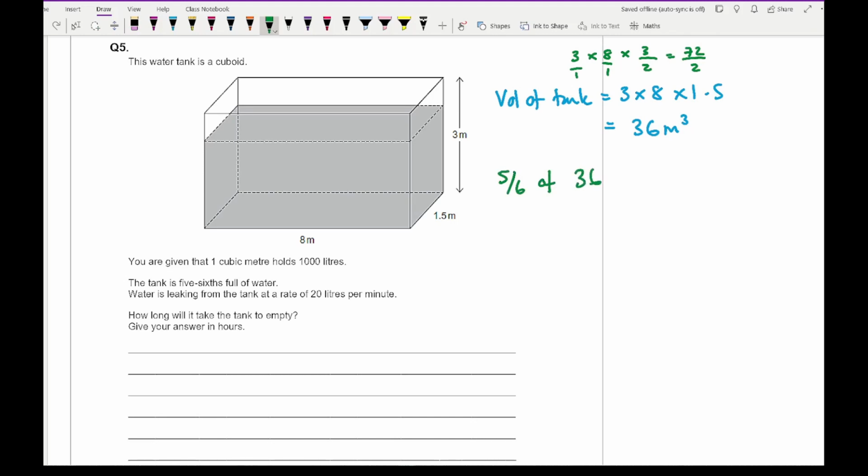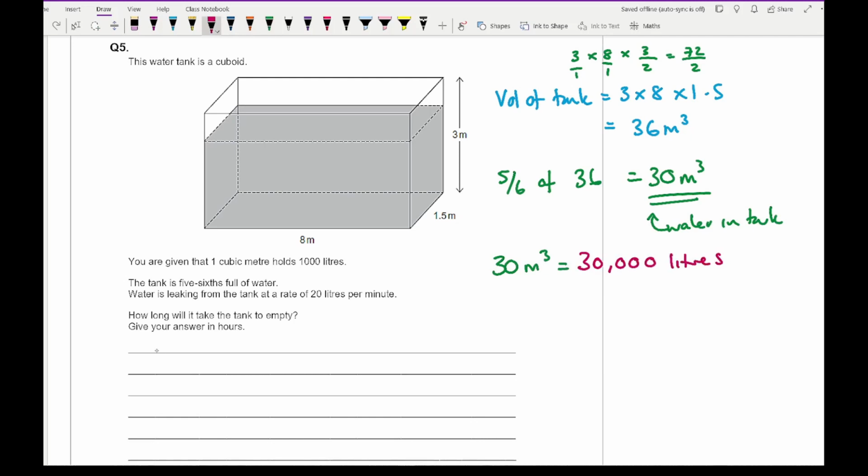So we divide by 6, then multiply by 5, and that gives me 30 meters cubed. So that's how much water we've got in the tank. And then we need to look at how many litres that is. So 30 cubic meters equals 30,000 litres.